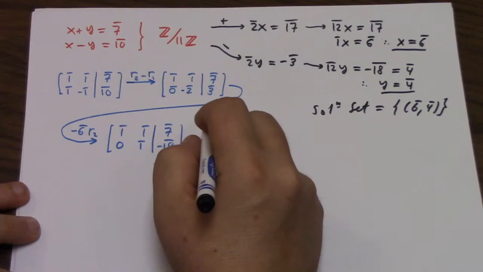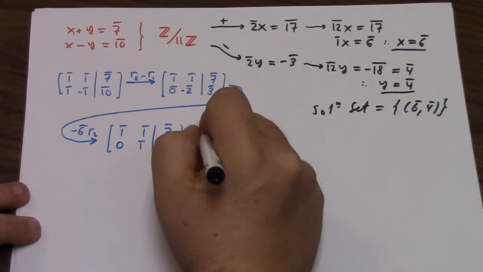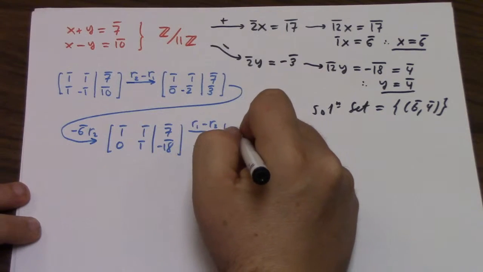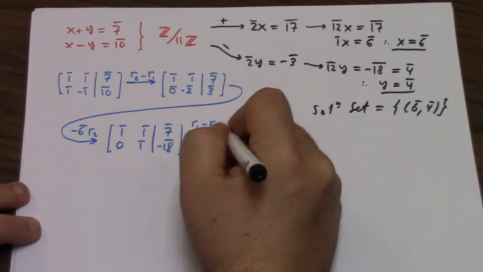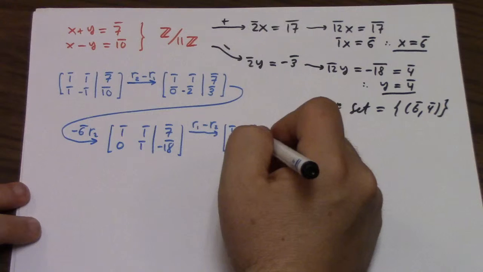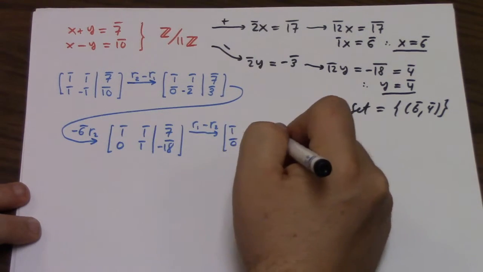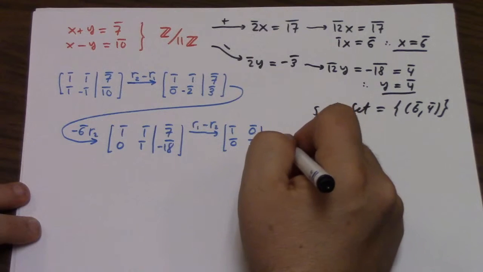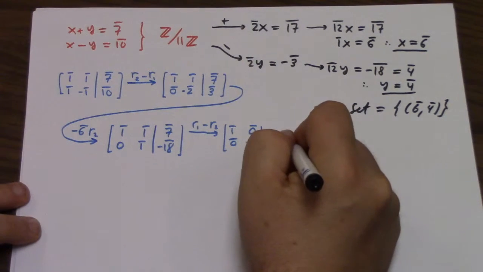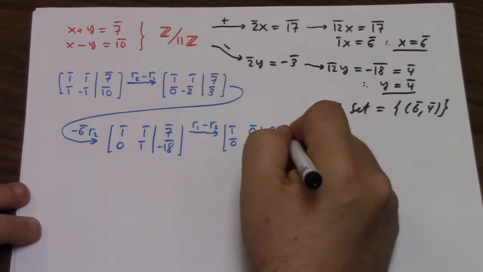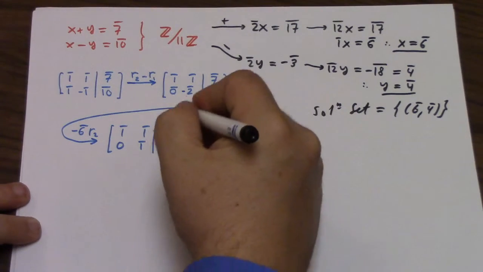All right, and then I can do row 1 minus row 2, which gives me 1 bar. So now I'm doing the backwards pass. I'm clearing above this pivot. 1 bar, 0 bar, 0 bar, 1 bar. Man, I'm tired of these bars. Minus 18 bar, 25 bar, because I'm subtracting, so it's adding.